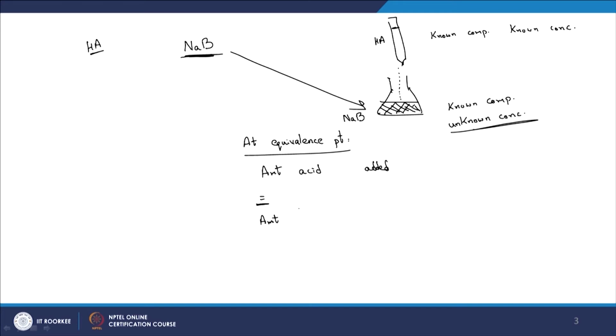The key is equivalent, is equal to the amount of base that is present in the solution. And because you know the concentration of acid that you are titrating it with, you can calculate the concentration of the base present in the conical flask. So again, the key is that it is equivalent concentrations, right?